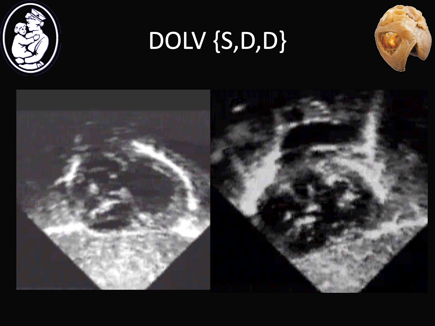Here, there's very little space between the pulmonary valve above and the mitral valve below. So in this case of double outlet left ventricle, the subarterial conus is absent under the aorta and deficient under the pulmonary artery.